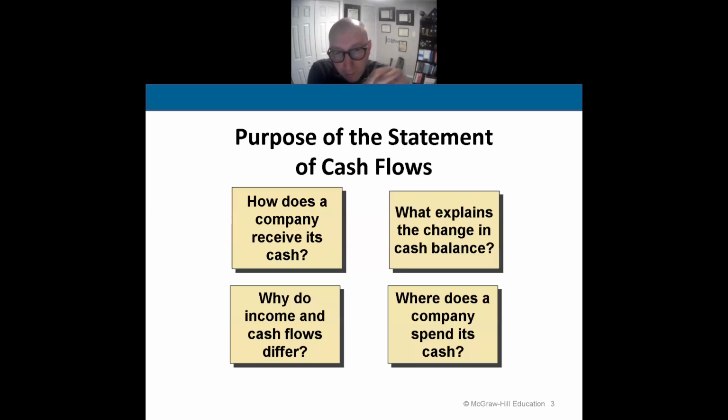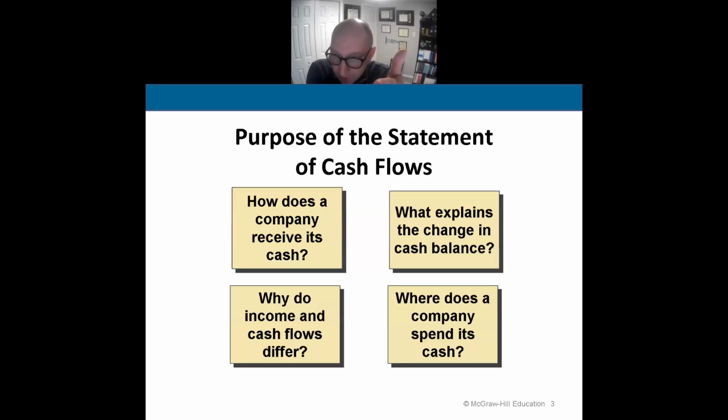Cash going out, I'm paying my bills from the day-to-day operations. That's operating. Cash going out, I'm purchasing property, plant, or equipment. That's investing activities. Or I'm repaying a bond.